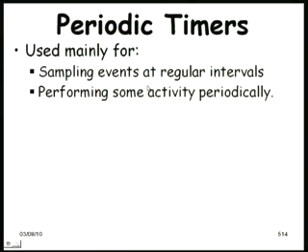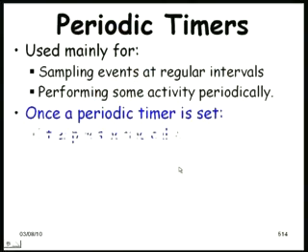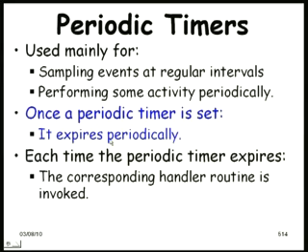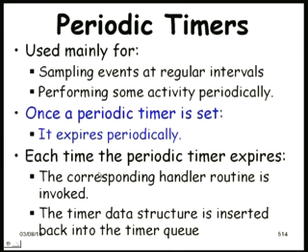Now, let us look at the aperiodic timer also, we will see what is its main use. The periodic timer is set once, and once it is set, periodically it will keep on giving timer interrupts. Each time the periodic timer expires, the handler routine will be invoked, and again it will be reinserted in the timer queue.